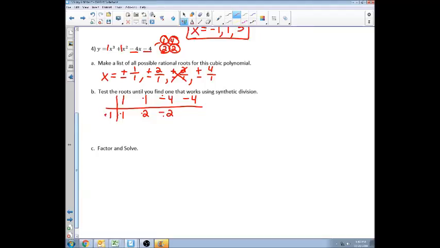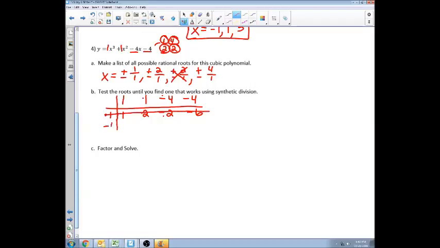Negative 2 times 1 is negative 2. Negative 2 minus 4 is negative 6. So this row will not work. Positive 1 does not work.